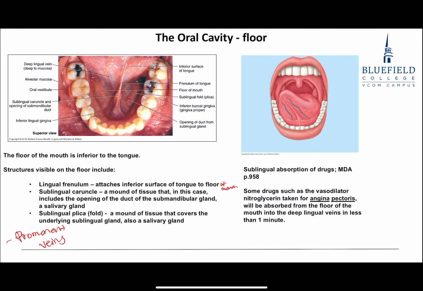There's also a gland underneath that mucosa forming that mound. These are called the sublingual glands. They don't open up on this plica, but instead they have multiple little openings that come right out of the plica, and the saliva goes directly into the floor of the mouth.